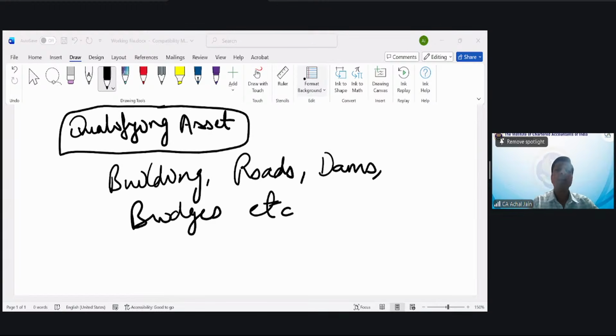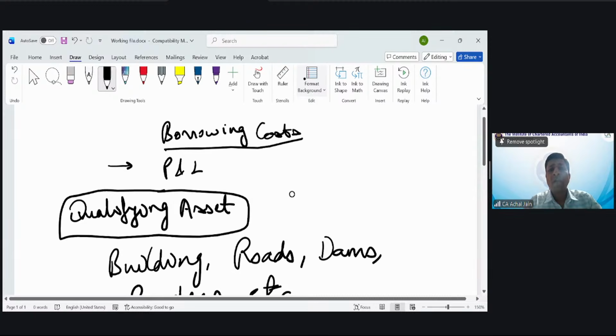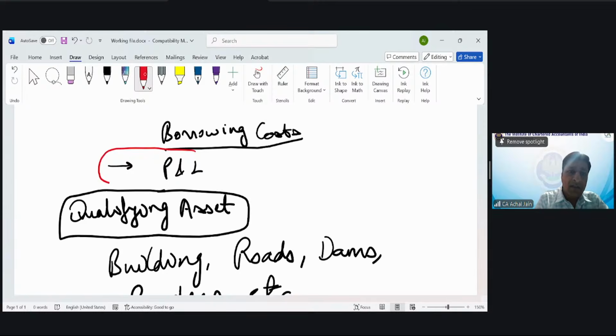Now comes the question: how is this relevant for us, because we are discussing borrowing cost? In the context of borrowing cost, how is this relevant? We discussed that any borrowing cost will always go to P&L. There's one situation in which this borrowing cost doesn't go to P&L.